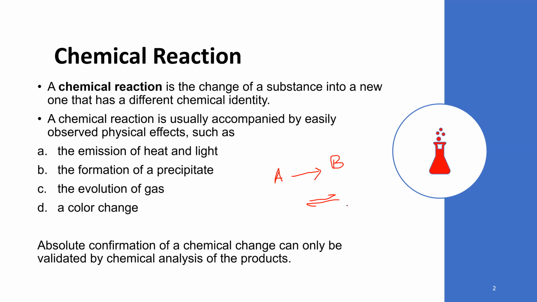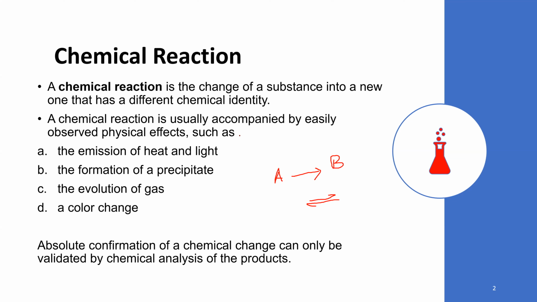When we draw the half-headed double arrows, it means that this reaction is possible from A to B and B to A. So this is the reversible reaction. Equally, it is happening in a forward direction and in the backward direction.